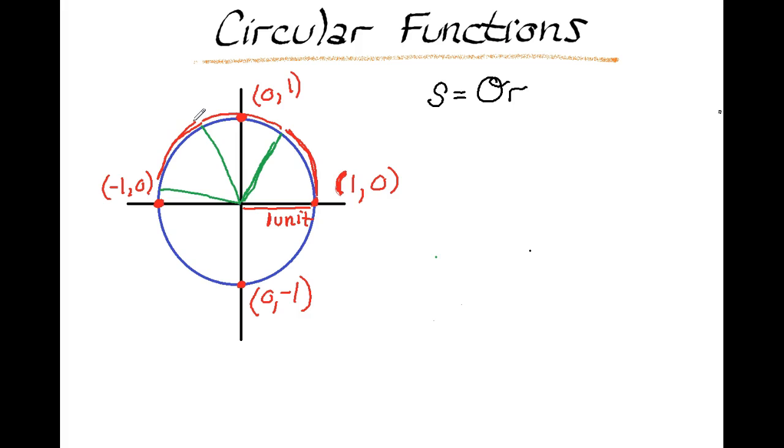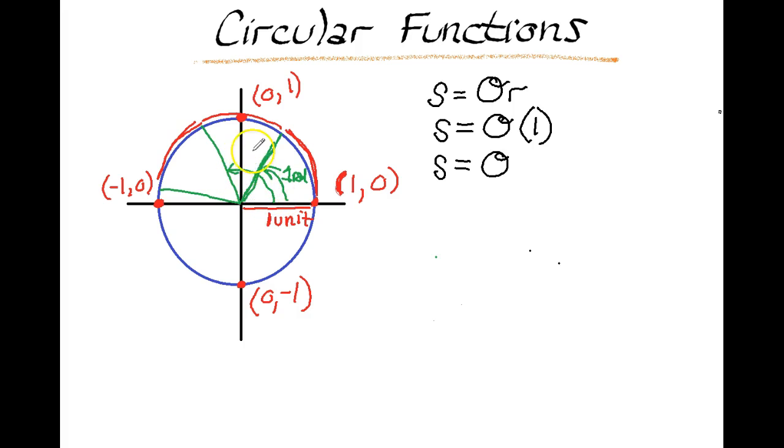But on a unit circle, what is our radius? On a unit circle, our radius is 1. So when we talk about arc length on a unit circle, our arc length is really just equal to our radian angle measure. So if this is theta, and theta is 1 radian here, that means we have a unit of 1 for our arc length.